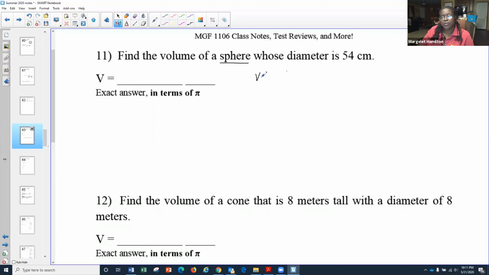So volume equals 4/3 pi r cubed. They gave us a diameter. Make sure you pay attention to what they're giving you now. So the diameter equals 54 centimeters.